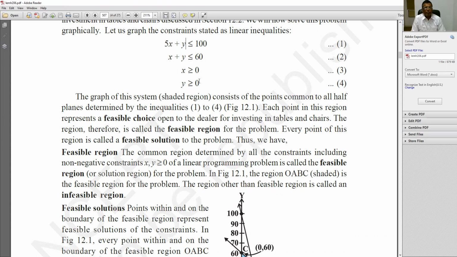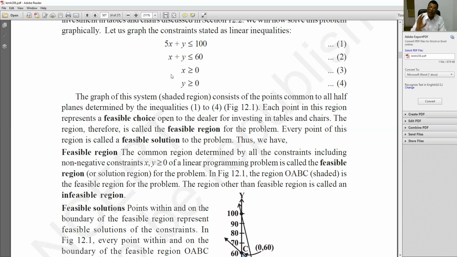We are interested in solving these equations with the help of a graph. I told you in the previous lecture that in linear programming you may be asked to first formulate the problem and then solve it with the graphical method.